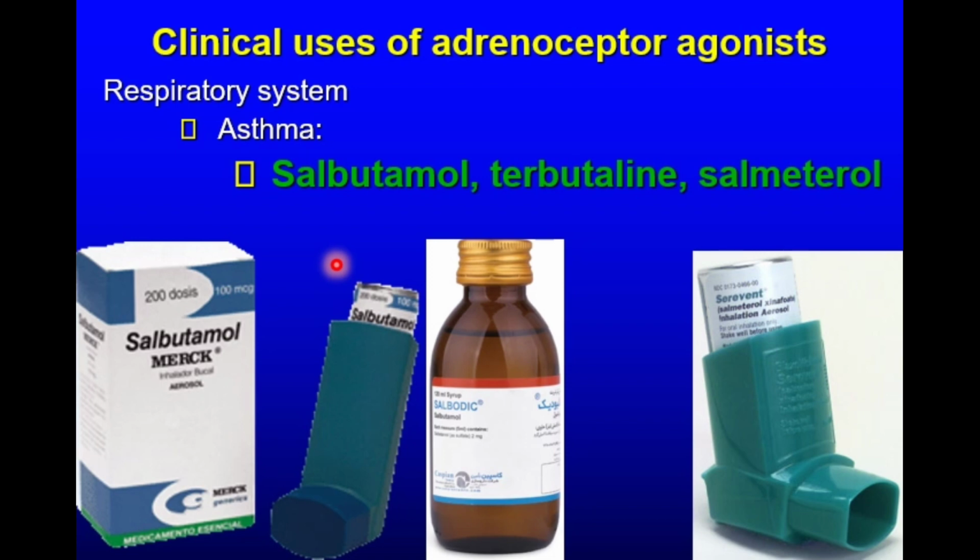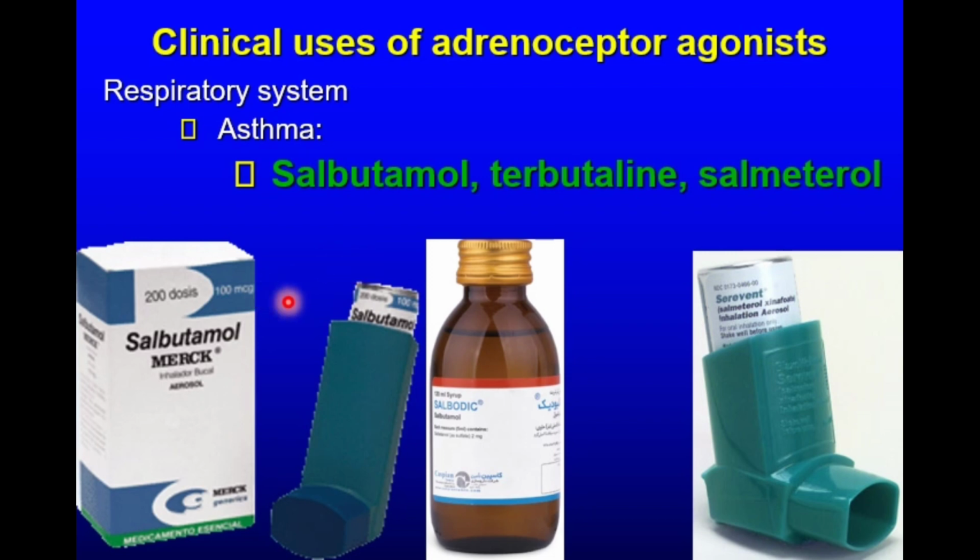It is both a beta-1 and beta-2 agonist. Isoproterenol reduces airway resistance in bronchial asthma. However, it causes tachycardia, ectopic beats, and dangerous dysrhythmia.